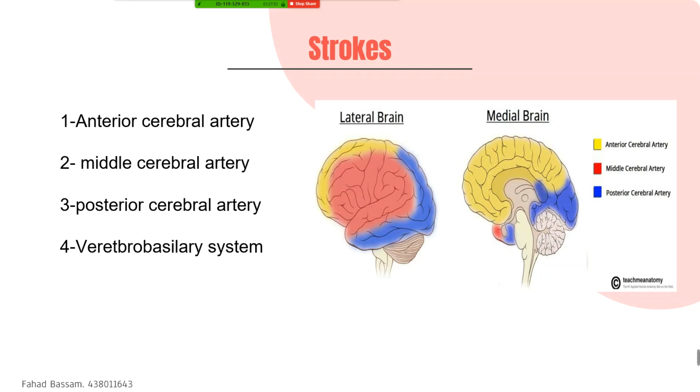So when our patient comes to our clinic, regarding the symptoms, we should know which area or which cerebral artery is affected. So we have the anterior, middle and posterior cerebral arteries and the vertebrobasilar system. Each and every one of them, once they get affected, will present with symptoms. First of all, we have the anterior cerebral artery.